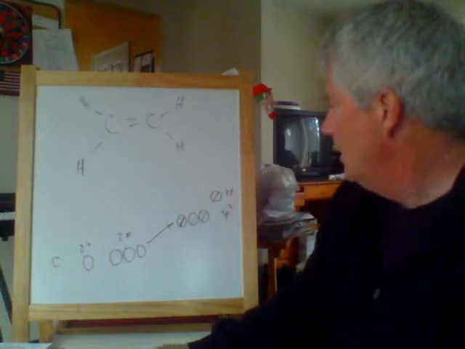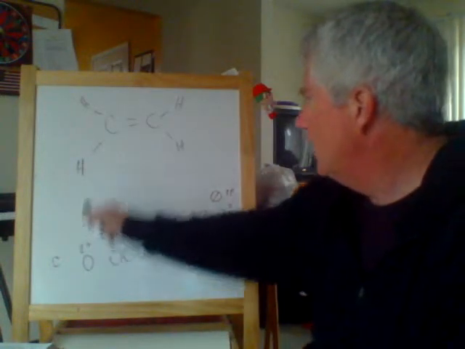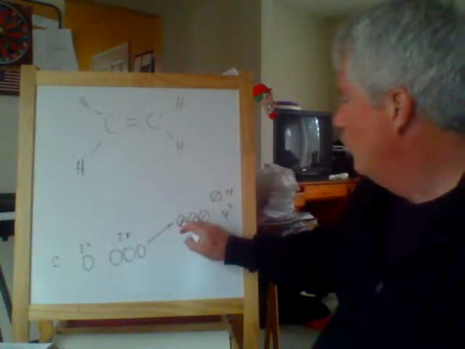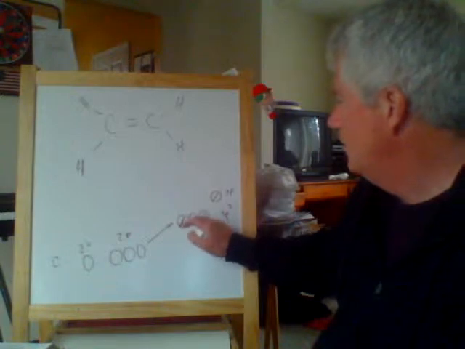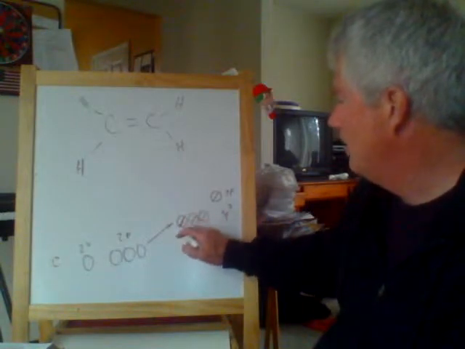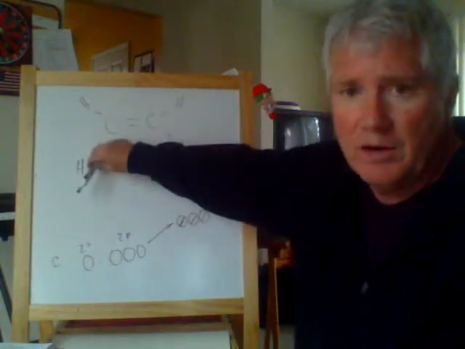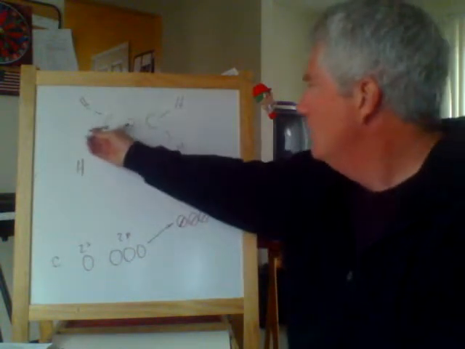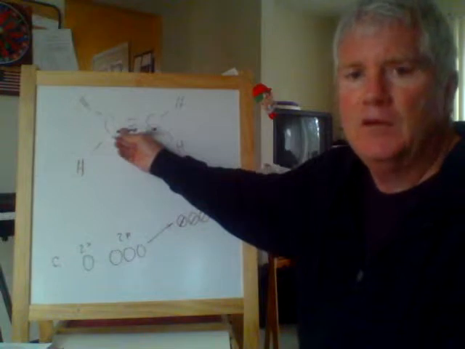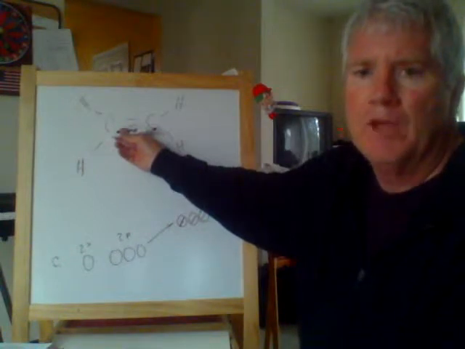This carbon will use one of these sp2 hybridized orbitals to bond with the hydrogen, another to bond with the other hydrogen, and the third one to bond end-to-end with its neighboring carbon atom.